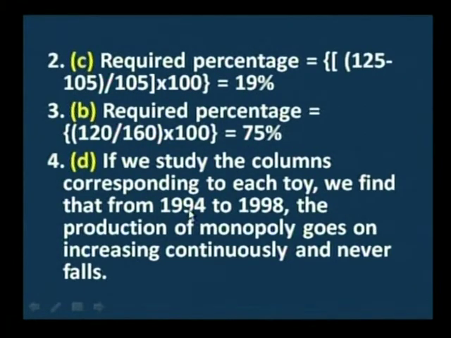Now, what is the fourth question? Fourth question, we are asked to find out the production of monopoly, which toy has been continuously increased in the production. So, if you study the column totals that you have already computed, you will be able to understand, and we find that from 94 to 98 the production of monopoly goes on increasing continuously and never falls.